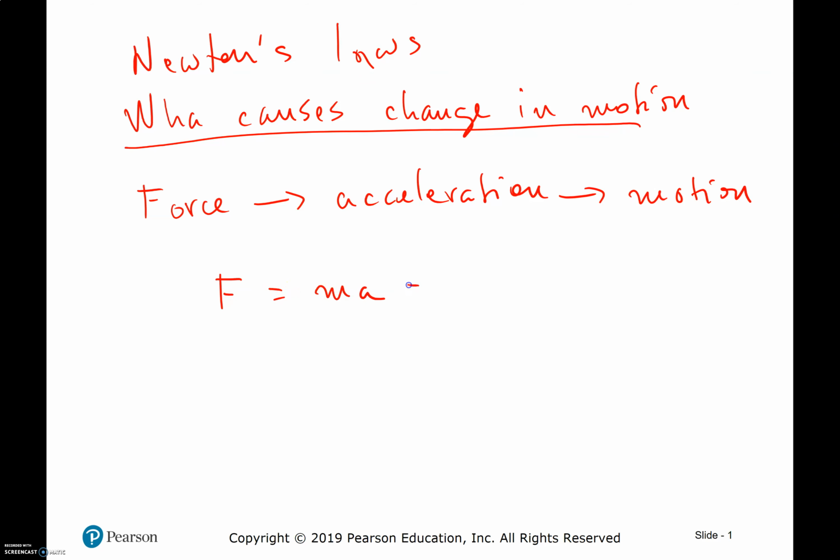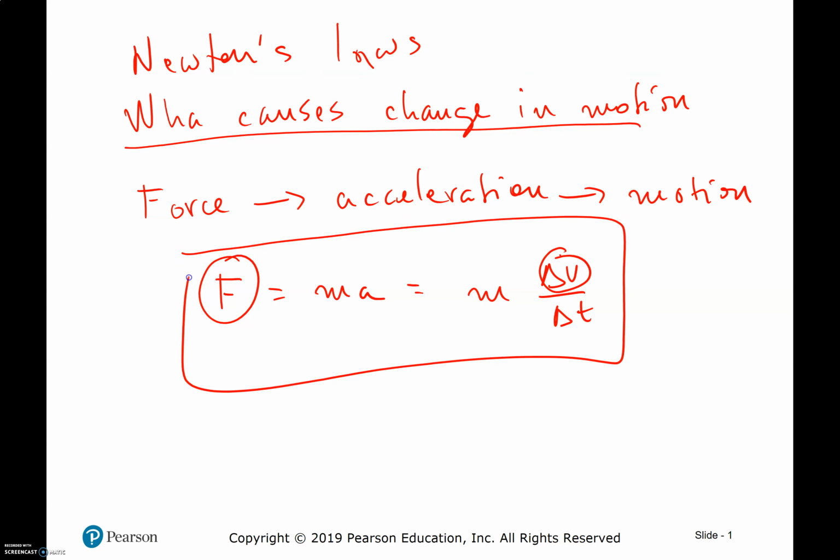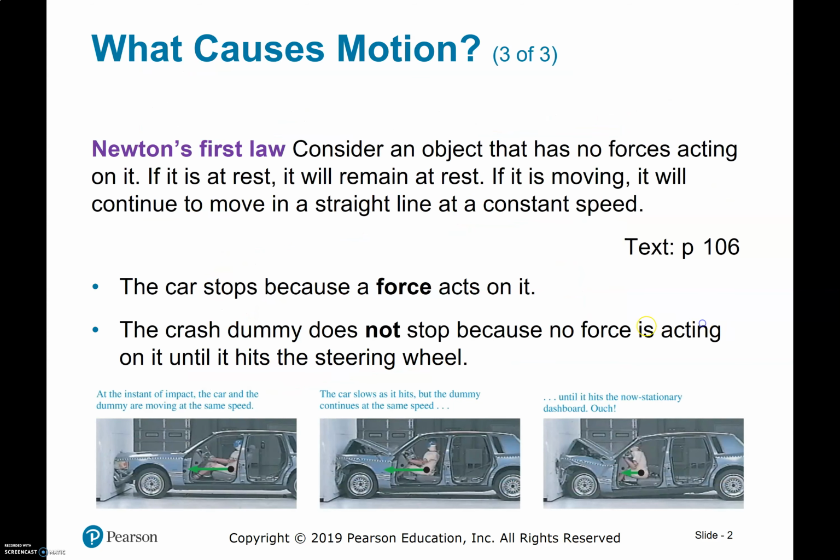And remember that a is delta v over delta t. So basically a force produces a change in velocity, and that's how motion is changing. So this is Newton's second law, and this is the idea of this video this week.